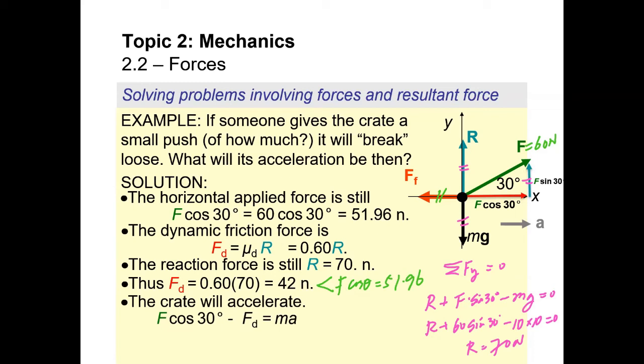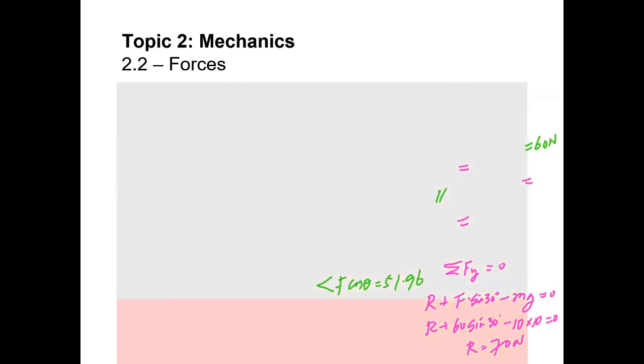That gives us ma. F cosine 30 degrees, 51.96, minus dynamic friction, 42, equals mass, which is 100 over 10, or 10 kilograms, times acceleration. Acceleration equals 0.996 meters per second squared.